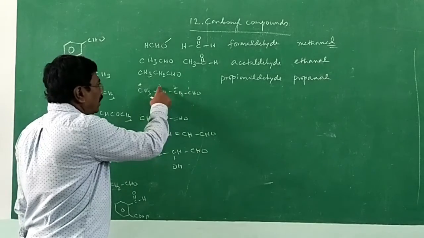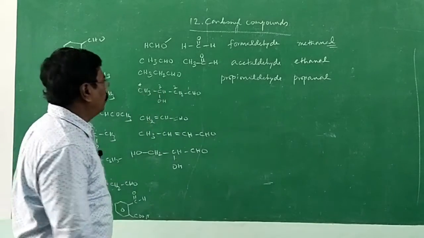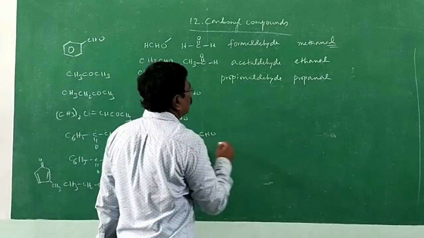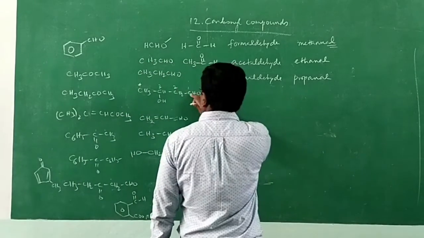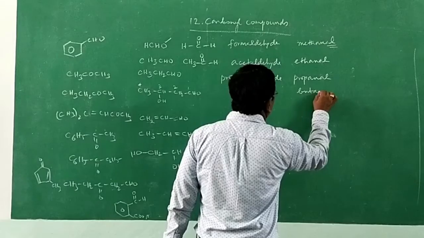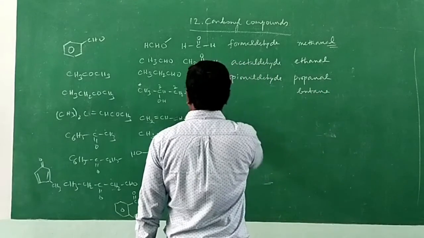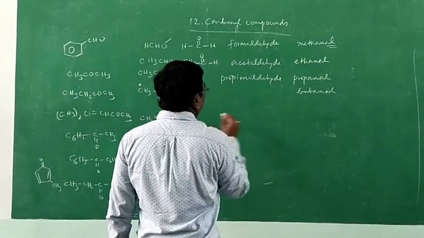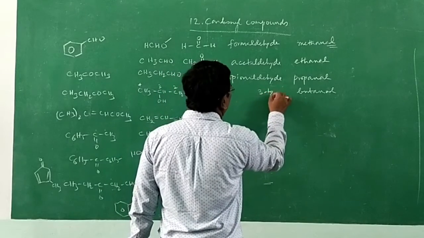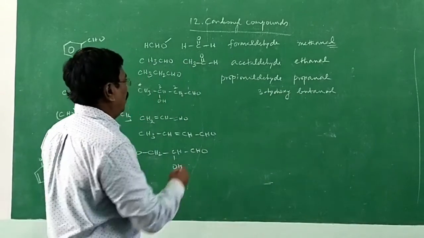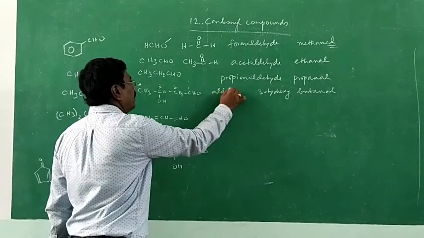The IUPAC name: at the 3rd carbon atom we have a hydroxy group. Basically, an aldehyde containing 4 carbon atoms. 4 carbon means meth, eth, prop, butane. Aldehyde functional group, therefore butanal. At the 3rd carbon atom we have OH, therefore 3-hydroxybutanal. Common name aldol. Of course, the common name for everything we need not write.